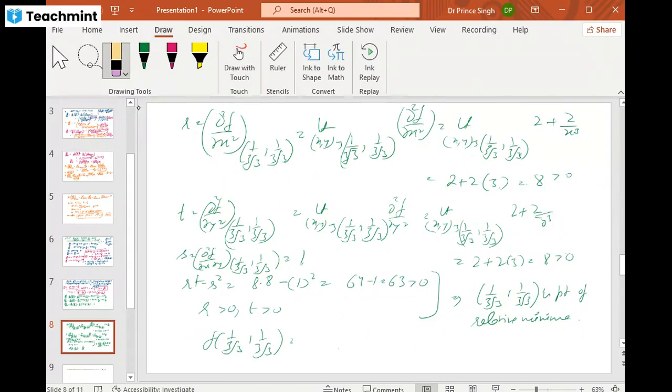So 3 times 3 raised to the power 2 by 3 plus 2 times 3 raised to the power 1 by 3. This is the answer.